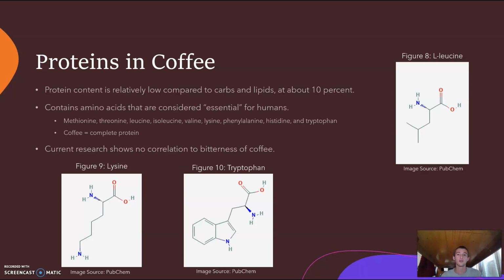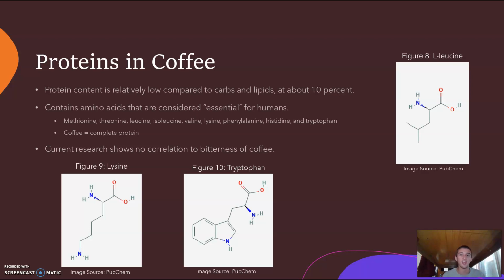All of those we need to consume in our diet, and by drinking coffee, we consume those, and our body can then use them to help build structures. And so we can consider coffee a complete protein because it has all of those amino acids. And here you can see figures 8, 9, and 10, structures of leucine, lysine, and tryptophan.